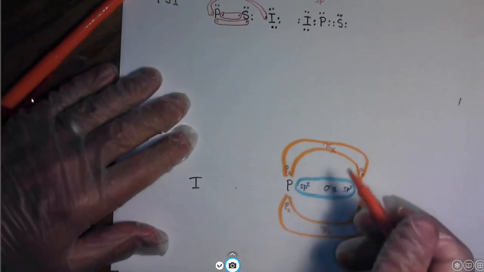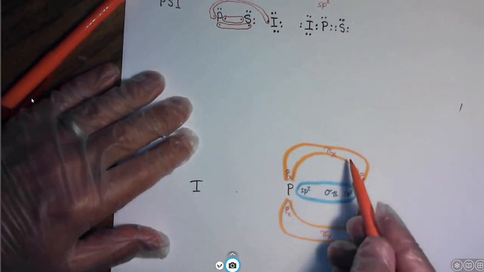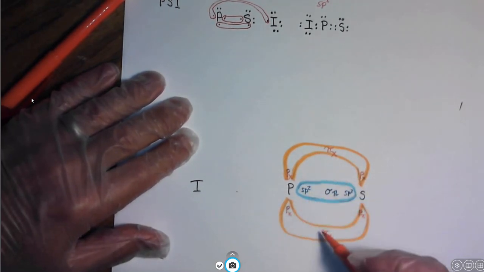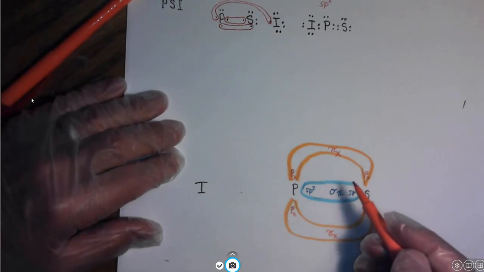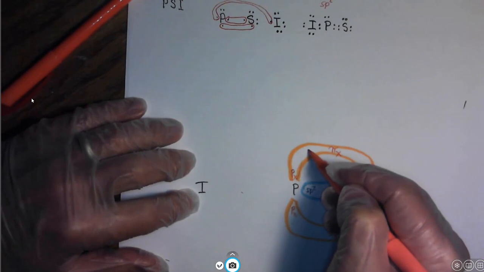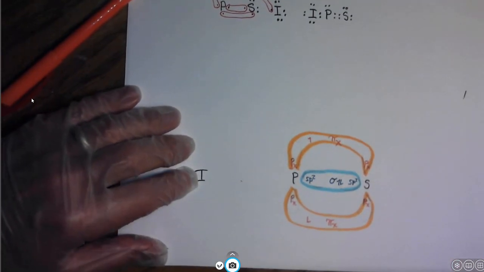Now there are two electrons in here. That gives you all four electrons, two in the sigma bond, two in the pi bond. You can put the two electrons down here, you can put two electrons up here, you can put one here and one here. It doesn't really matter as long as you have those two electrons in that pi bond. For this one, I'm just going to put one here and one here.